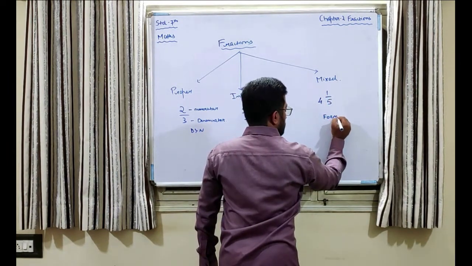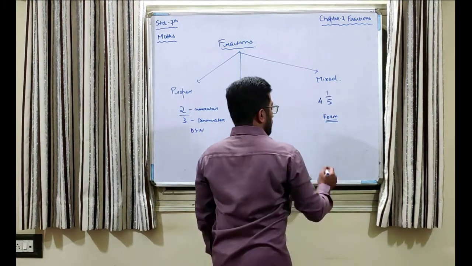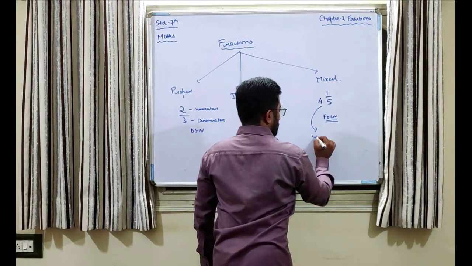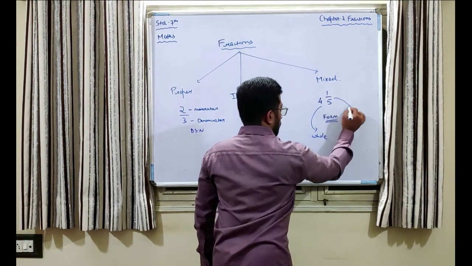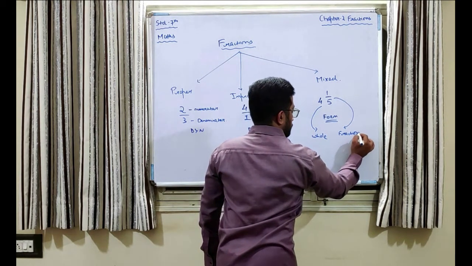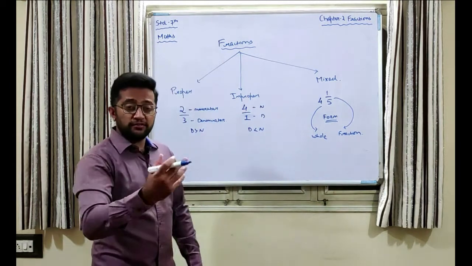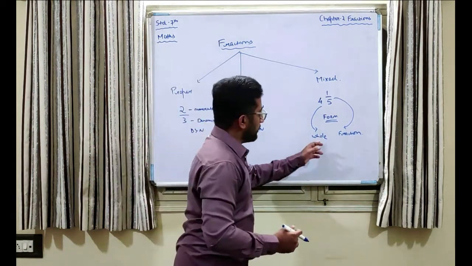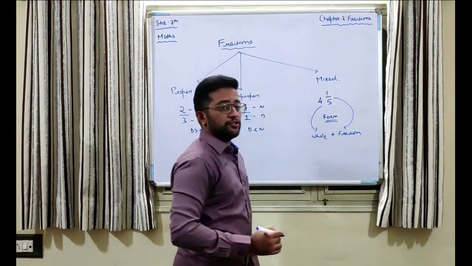Okay, its form. Now if you look at the form, there is a whole number here followed by a fraction or a part. So mixed number or a mixed fraction is a combination between a whole number plus a fraction.